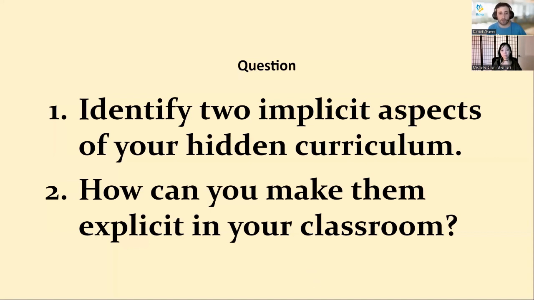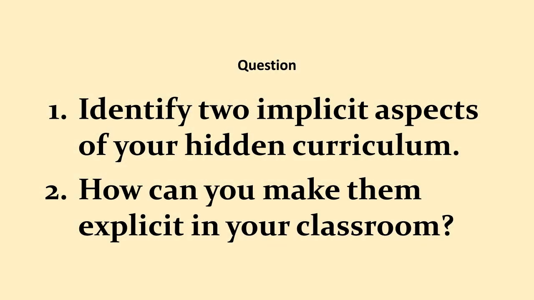So again, please pause the recording, think of at least 2 aspects of your hidden curriculum, and for each aspect, think of some activities or other ways that you can teach that to your students during class time.